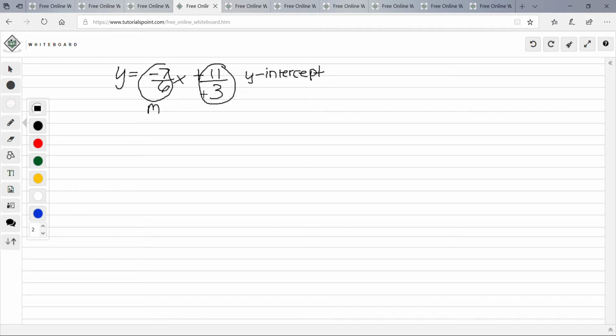So there are two ways you could graph it. You could start at the y-intercept and then do the rise over run, right? In this case, I don't want to do the rise over run because we're dealing with fractions. But I'm going to show you anyway how you do the rise over run.